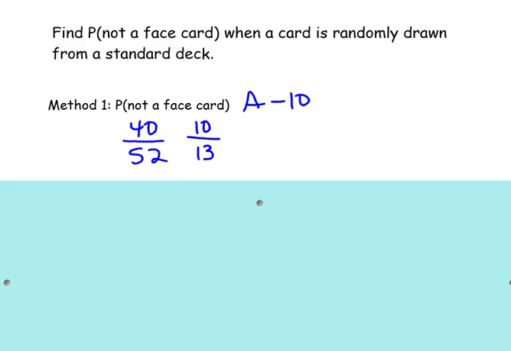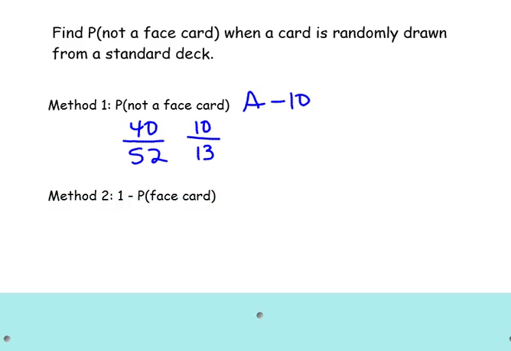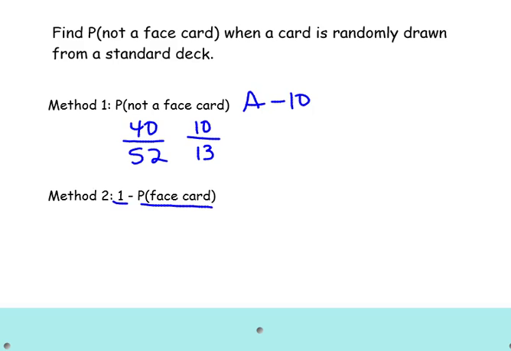Now there's another way to do this. We could find the probability of getting a face card and subtract it from 1. Since a face card and not a face card are complementary events, since together those two things contain all of the possible events.